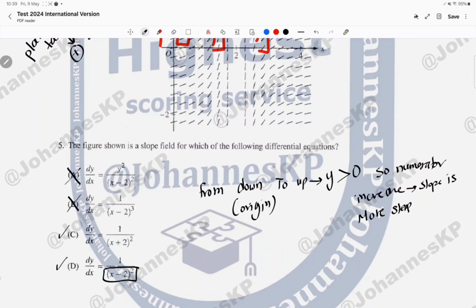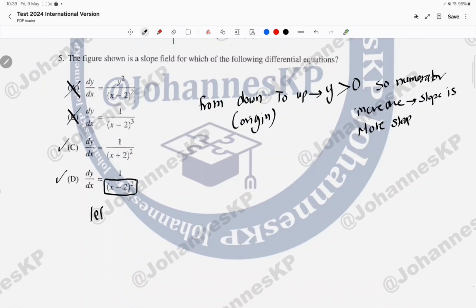Either C or D, okay? So how are they going to be different from each other? They're both going to be positive, okay? But let's look at this guy. Here, as we go from left to right, let's say as we go from the origin to x of 2, will this have a vertical asymptote?